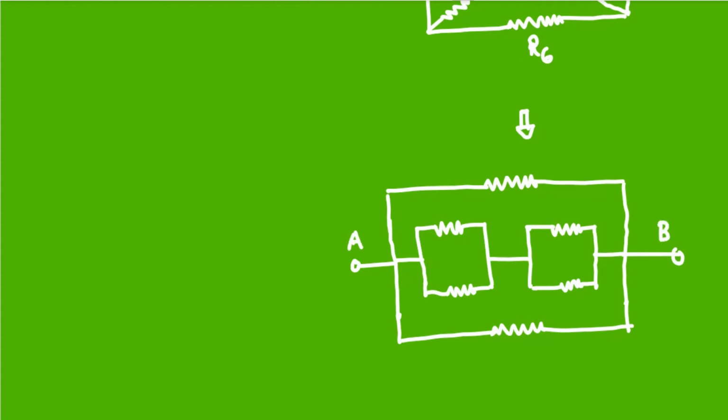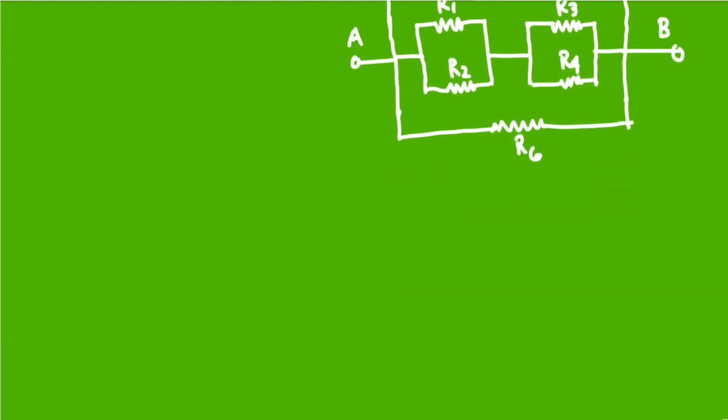A and B are the 2 points between which there are 6 resistances. R1, R2 will be connected in parallel combination, then R3, R4 are connected in parallel combination. This resistance is R6 and that was R5.